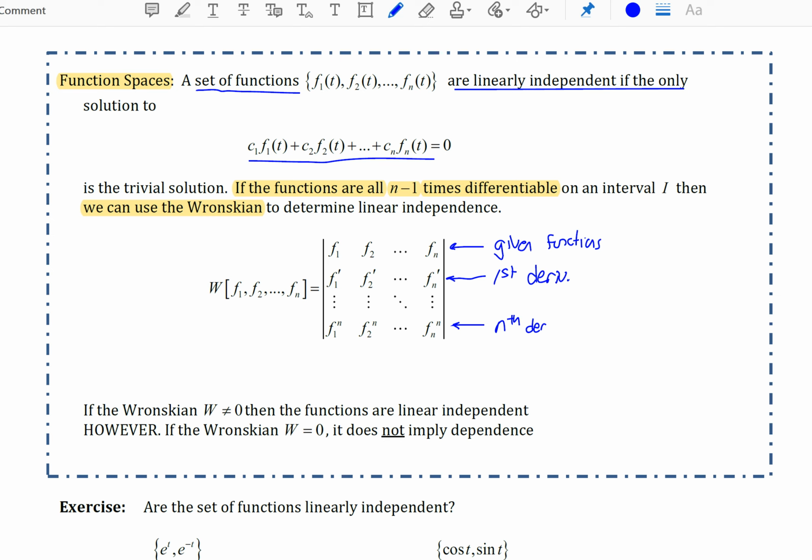I think I actually say it's just n minus 1 as an exponent there. The n minus 1 derivative is what it should say.